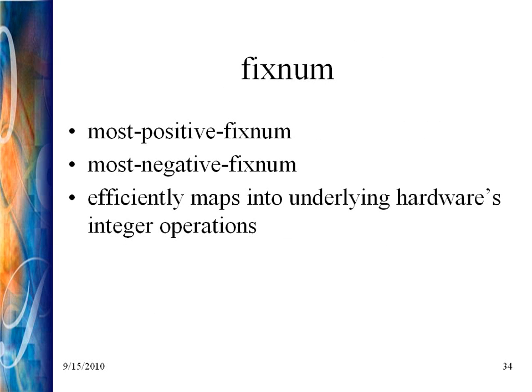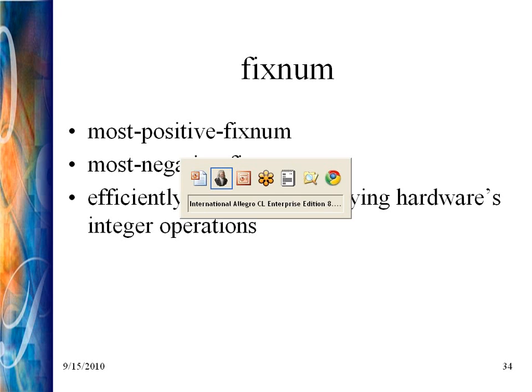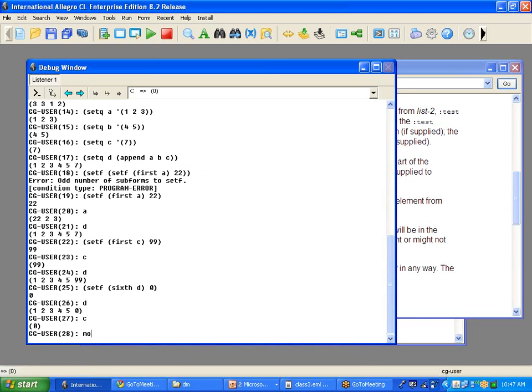That was fixnums. The most positive fixnum and the most negative fixnum are two values that bound the range of fixnums, and fixnums efficiently map into the underlying hardware's integer operations. And let's just look at what those values are.